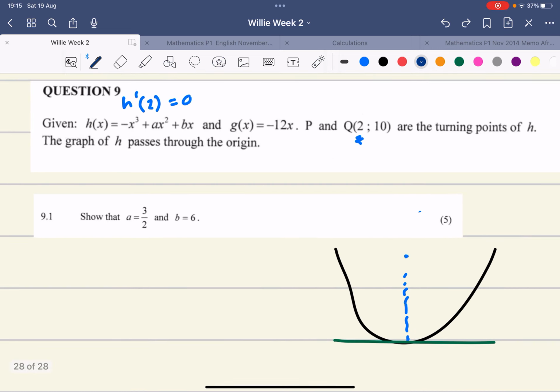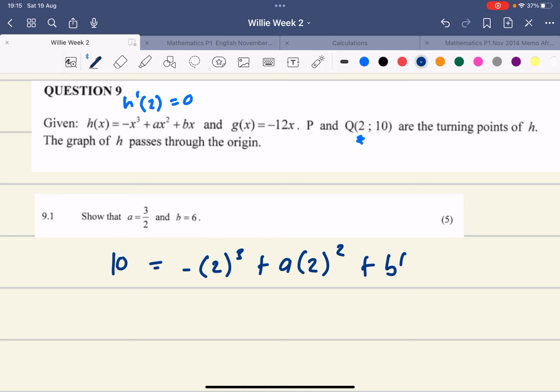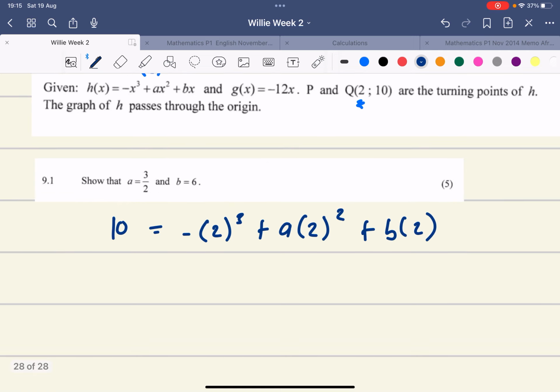I'm going to start with the original function, using this point here. So 10 is equal to minus 2 cubed plus a times 2 squared plus b times 2. Okay, so that gives us 10 is equal to minus 2 cubed, so minus 8, plus 4a plus 2b.